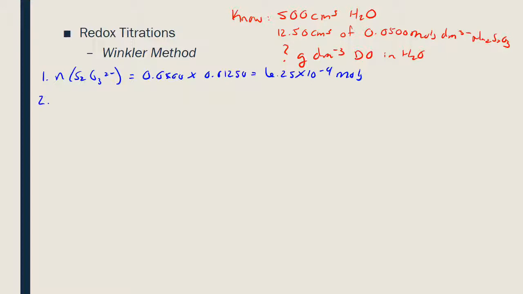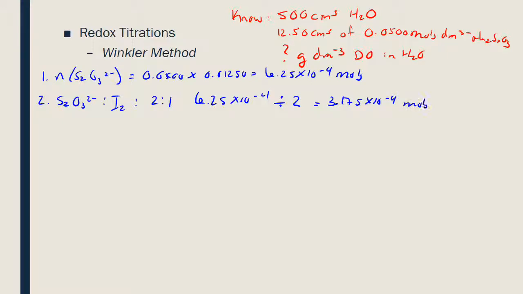Then do our mole ratio of S2O3 to the amount of iodine. As we saw before, that is a 2-to-1 ratio. So 6.25 times 10 to the negative 4, divide that by 2, and you get 3.175 times 10 to the negative 4 moles of iodine.